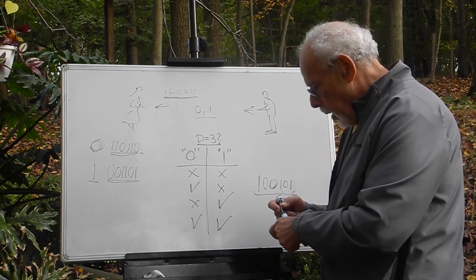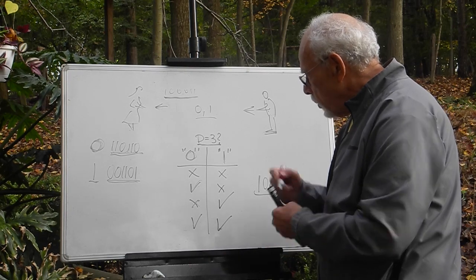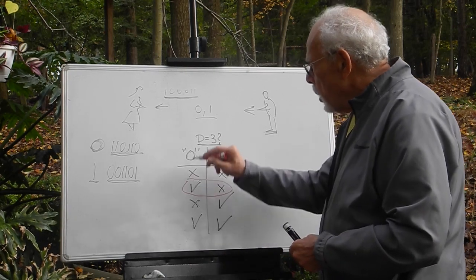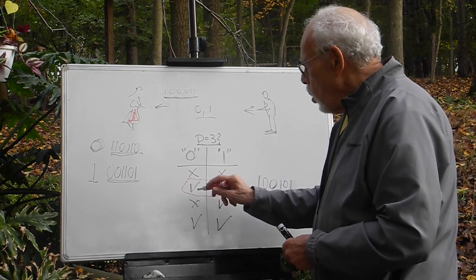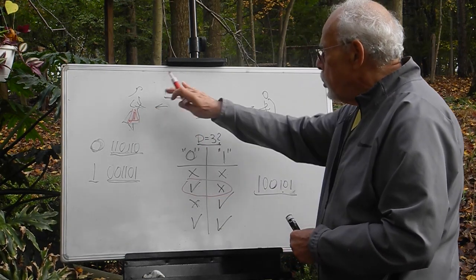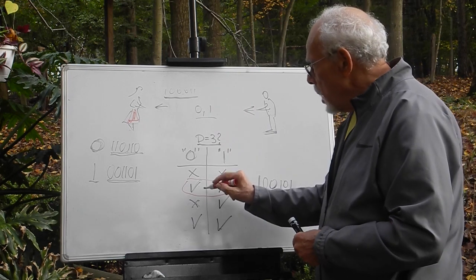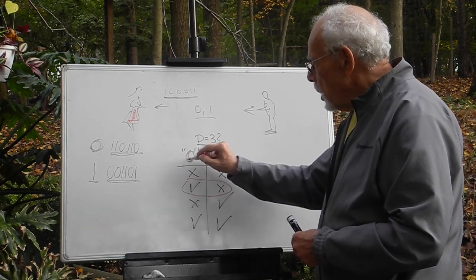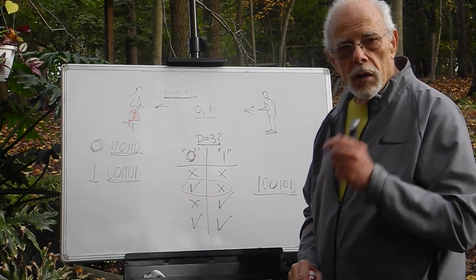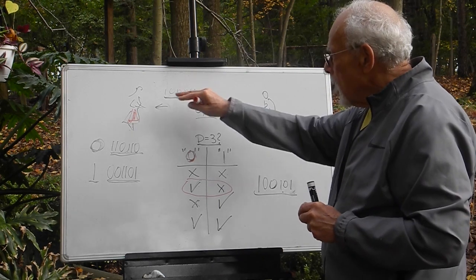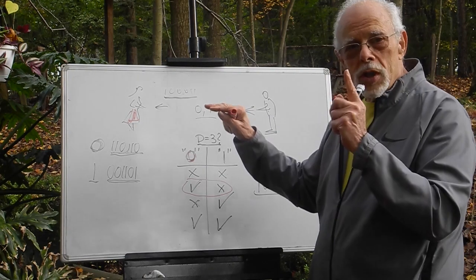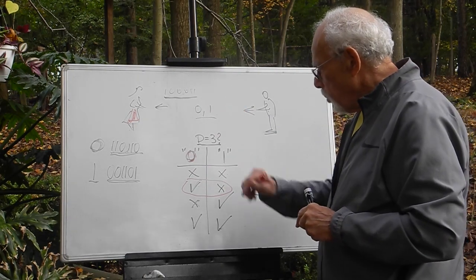If the case is this, then the recipient will interpret this message as sending the symbol 0. So we use 6 bits to send 1 bit, 0.